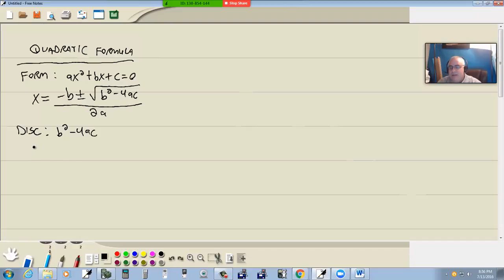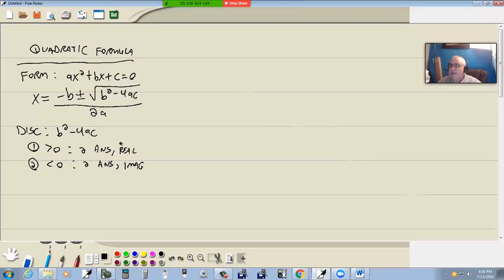And you have three cases. If your discriminant is greater than 0, that means you're going to have two answers. They're going to be real. If your discriminant is less than 0, it's negative, then you're going to have two answers, and you have an imaginary part.